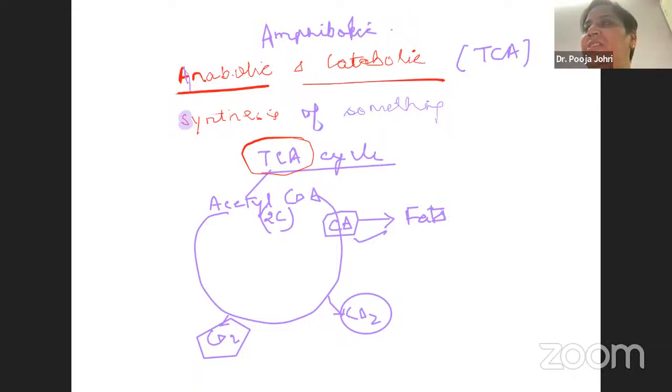Then the second question was, what is the difference between oxidative and substrate level phosphorylation?